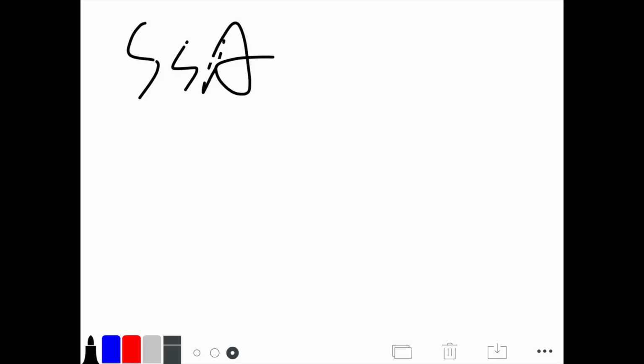But for SSA, there are two situations. So here, we just need to use our mind to see that besides that angle there is another angle between 0 and 180 degrees that has the same sine as the reference angle.